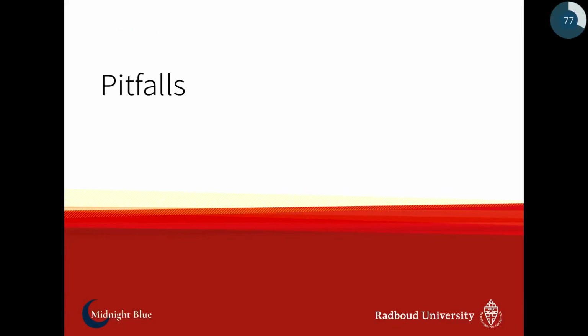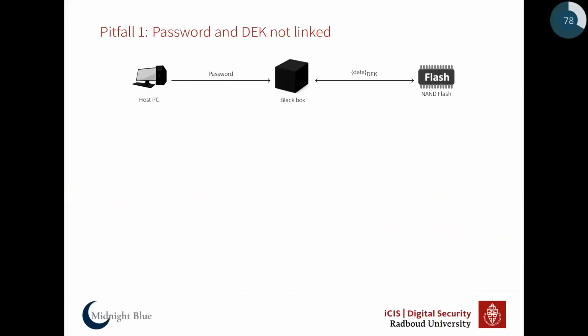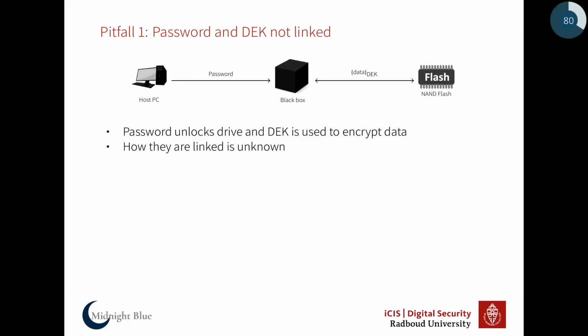So there are a couple of typical pitfalls in the implementation of these things. Pitfall number one, and this is the stupidest: you have an incoming password coming from the host PC, and everything that ends up in the drive's flash chips gets encrypted with some key. In the middle there's a black box that links one to another.